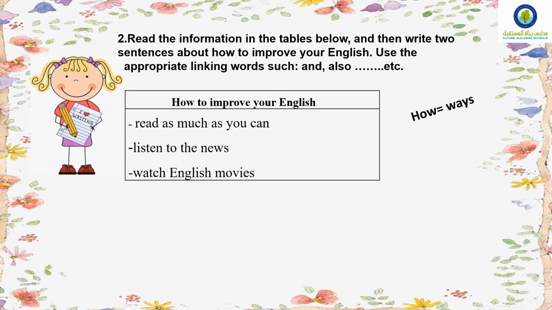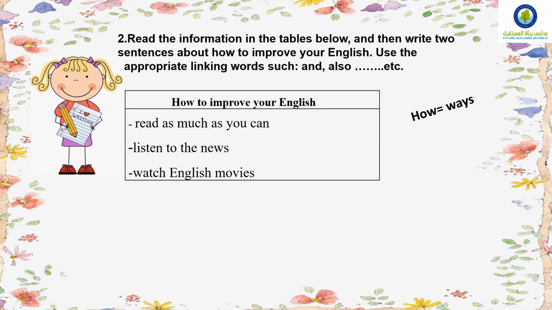Then you add the title to improve your English, such as reading as much as you can and listening to the news. Now the third one, watch, becomes watching, because we add ing to read, listen and watch.